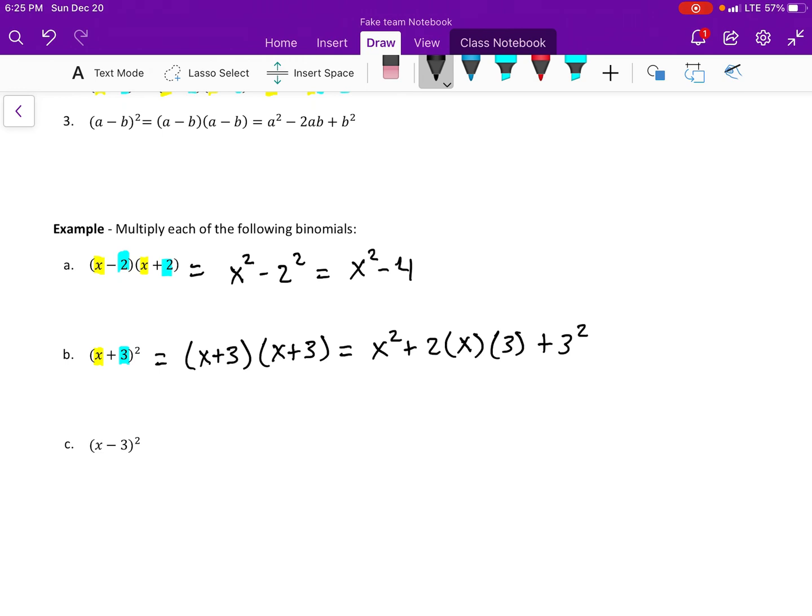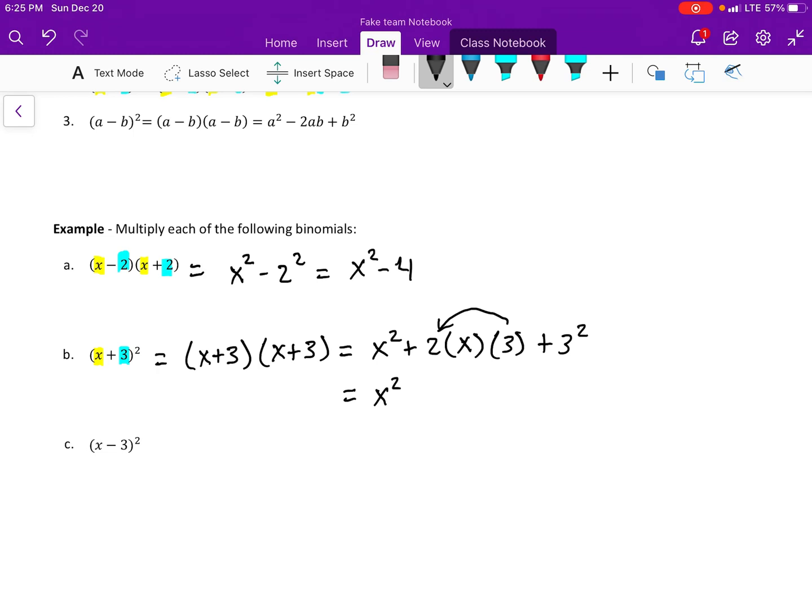Now I'm going to simplify this a little bit. When you have a bunch of terms multiplying each other, you can use the commutative property, which, if you remember, says that you can multiply in any order. So I'm going to take the 3 and multiply it by the 2. And I'm also going to simplify this 3 squared over there.